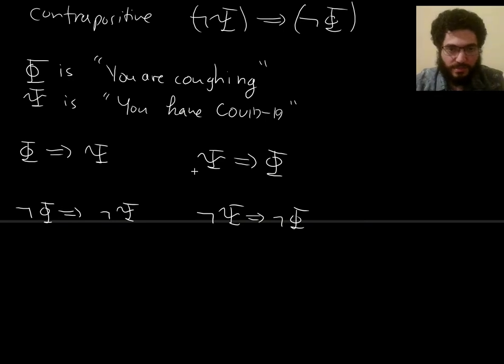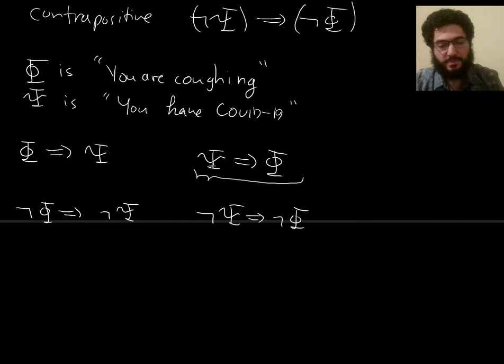If it's true, let's think about this one. If it's true that anyone who has COVID-19 is coughing, that if you have COVID-19 then you're coughing, then it still leaves open the possibility that you could be coughing for a different reason, right? This says if you have the virus, then you're coughing. But you could be coughing for a different reason.